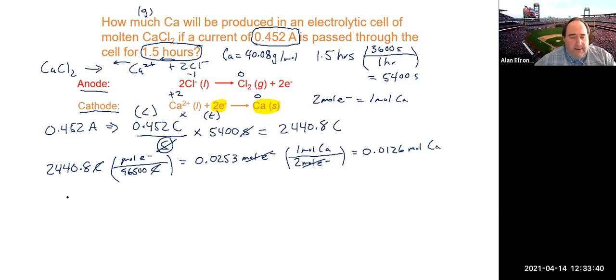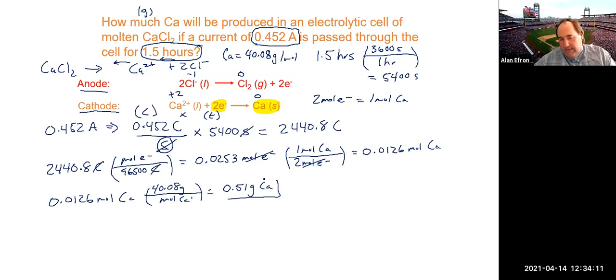To finish up this calculation, we take our 0.0126 moles of calcium times 40.08 grams per mole, which will get us, we'll call it, 0.51 grams of calcium made in this cell.